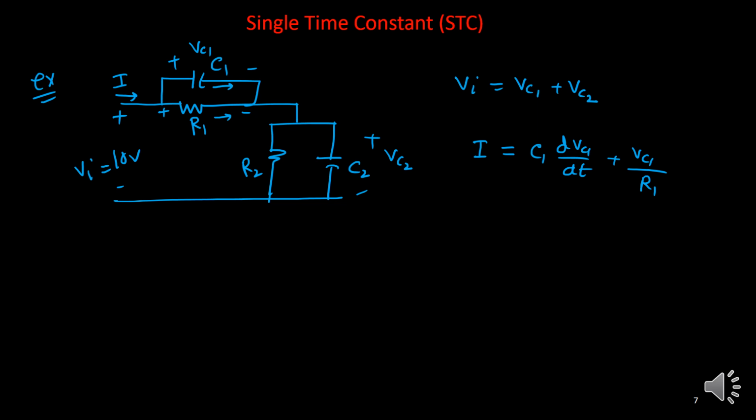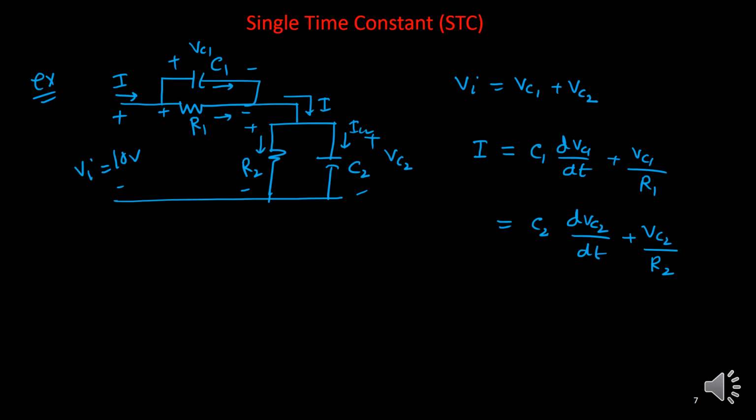Again, the same current I is here, again a combination of these two. So can I write it is C2 times dVC2/dt, that is the current through this one, IC2. And the current through R2 will be simply VC2 upon R2, because the voltage across this end is VC2. Right? So this is the equation.